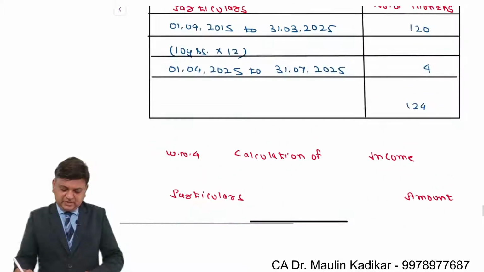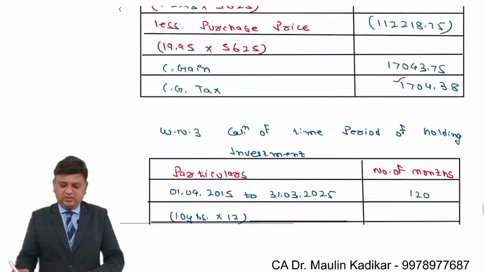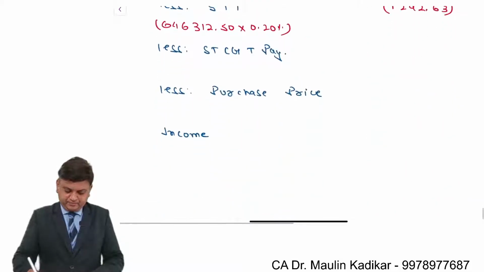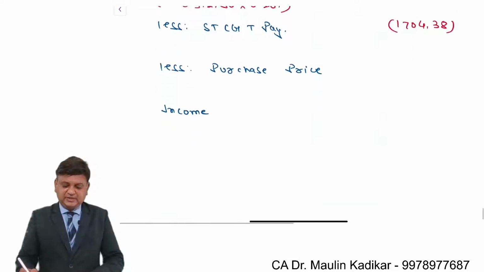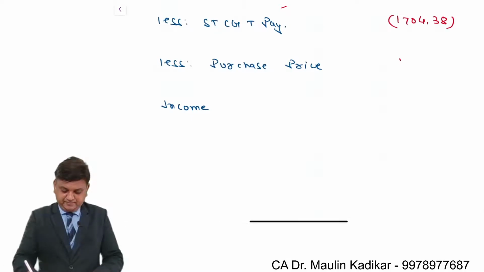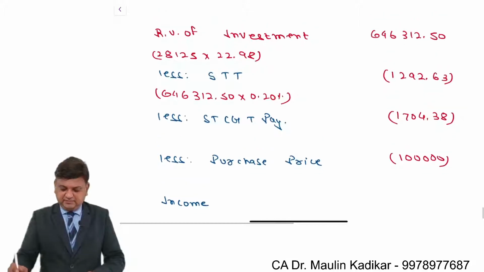For short-term capital gain, again we have prepared a working note. So 1,704.38. Next is the purchase price, which is 1 lakh. Deducting all of them from the redemption value, we will get the income.